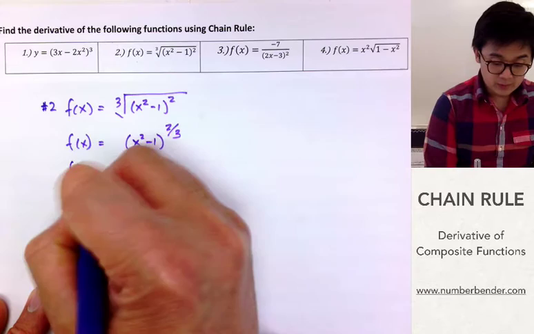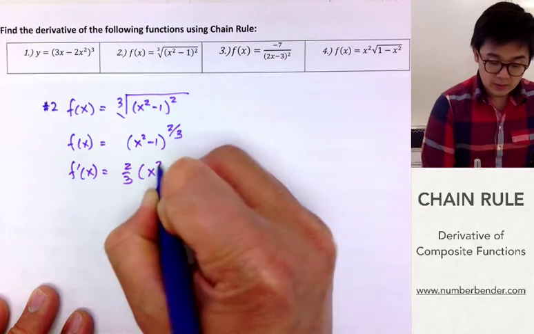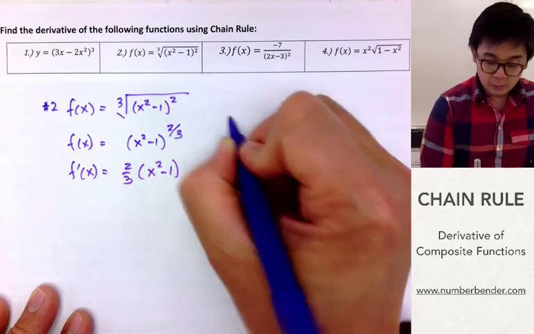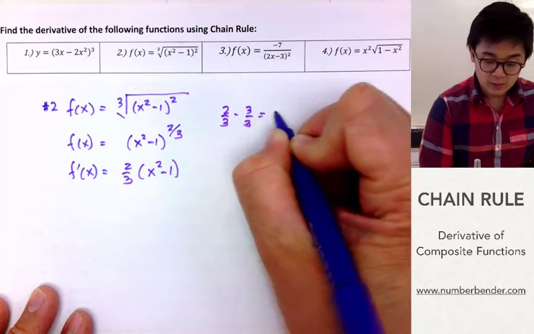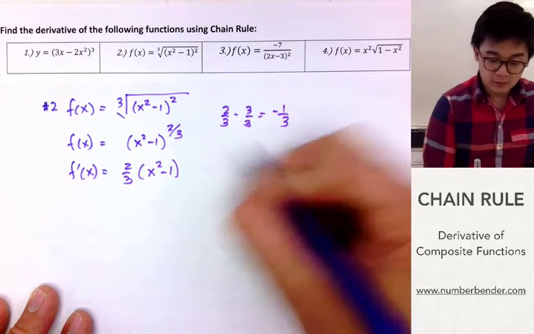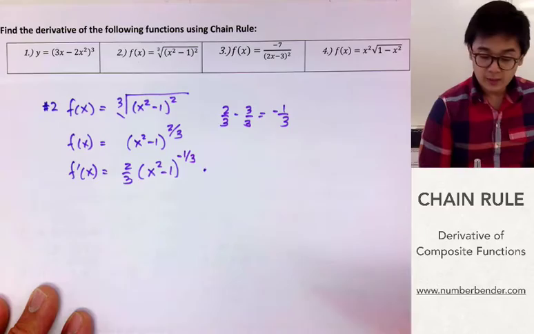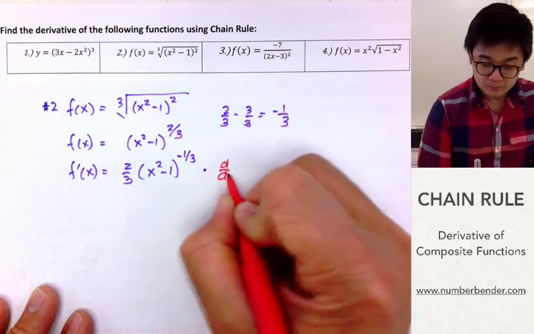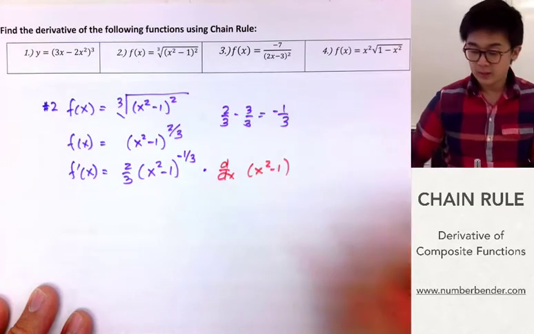So f prime of x is equal to 2/3 times (x squared minus 1) raised to 2/3 minus 1, which is 3/3, so that is negative 1/3. Multiplied by the derivative of the inside, which is x squared minus 1.